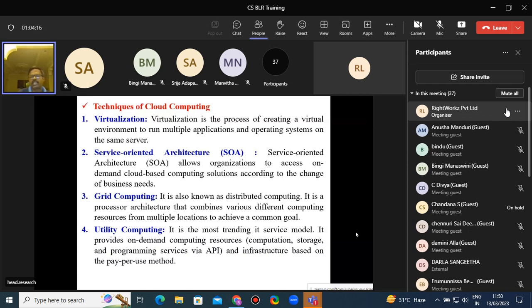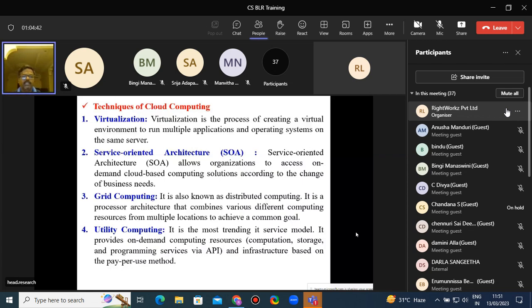It allows organizations to access on-demand cloud-based computing solutions according to the change of business needs. Grid computing. It is also known as distributed computing. It is a processor architecture that combines various different computing resources from multiple locations to achieve a common goal.